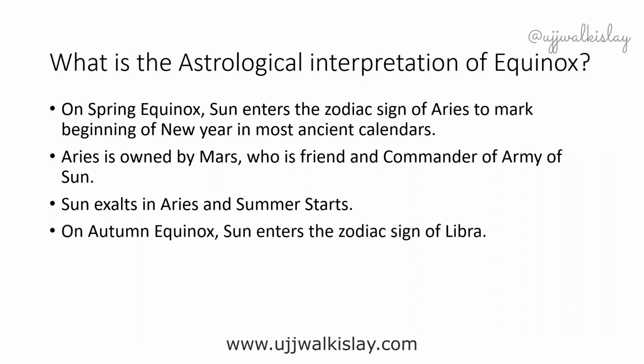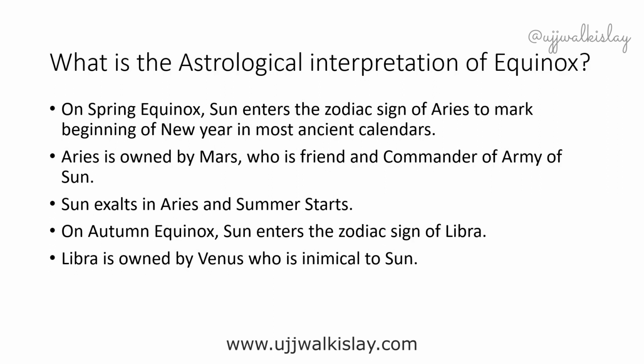On the day of autumn equinox, the Sun enters the zodiac sign of Libra. Libra is owned by Venus, who is inimical to the Sun. The Sun debilitates in the sign of Libra, hence after this day the winter starts.